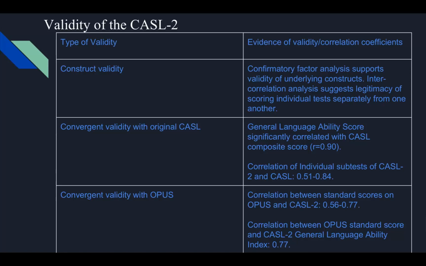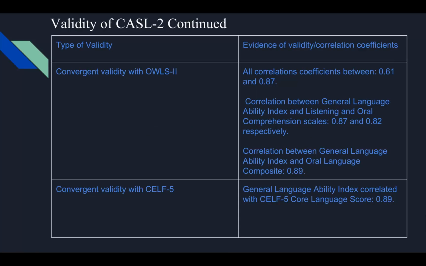The convergent validity of the CASL-2 with these two tests was relatively high. To further demonstrate convergent validity, the CASL-2 was also compared to the OWLS-2 and to the SELF-5. The correlation coefficients found between the CASL-2 and these two tests also demonstrate high convergent validity.